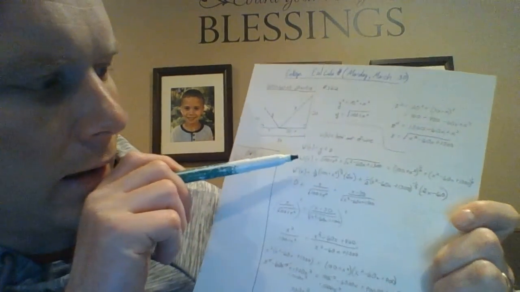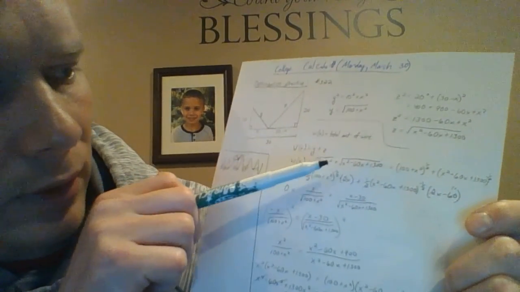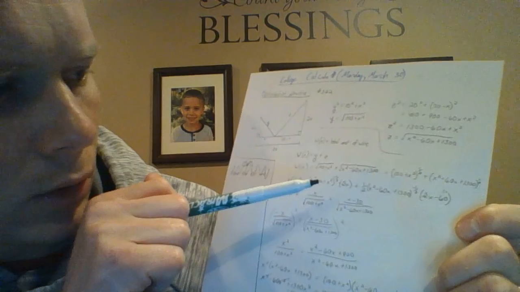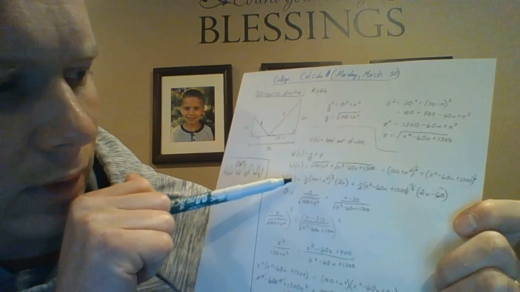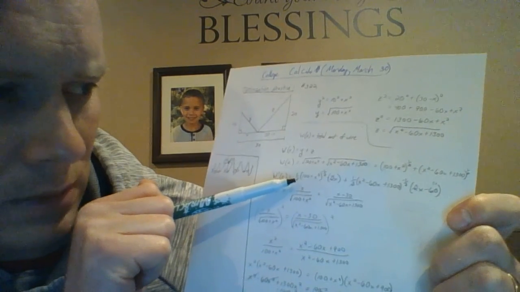I just worked this out, okay? And from here on down, I don't know if you can see, this was all my derivative work. So basically finding the derivative of that required some chain rule work there.